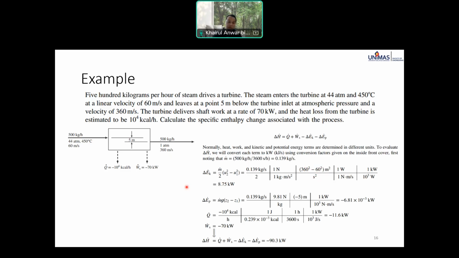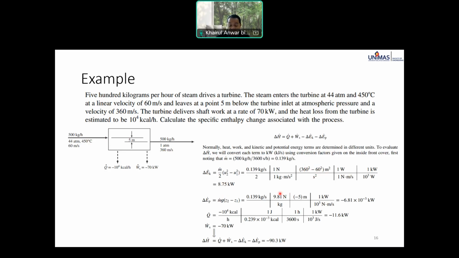Delta EP. So in this case, outlet is 0.2, inlet is 0.1. M is 0.139 kg per second, with the unit conversion.